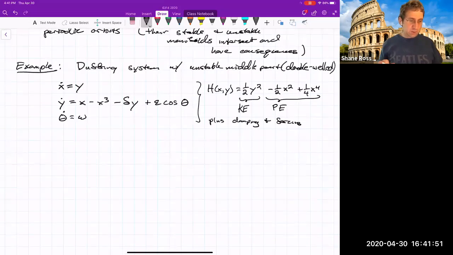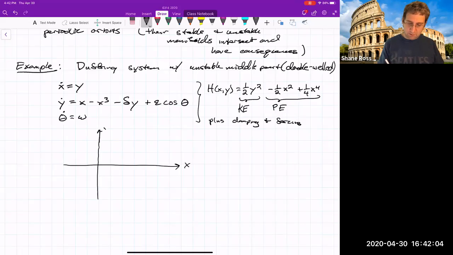If we look at the situation with no damping or forcing, then we've just got the Hamiltonian system, and we could look at what the phase portrait looks like. Here's x, here's y. With no damping and no forcing, we can get an idea of what it looks like by looking at isocontours of this Hamiltonian function, viewing it as a height function and looking at level sets.